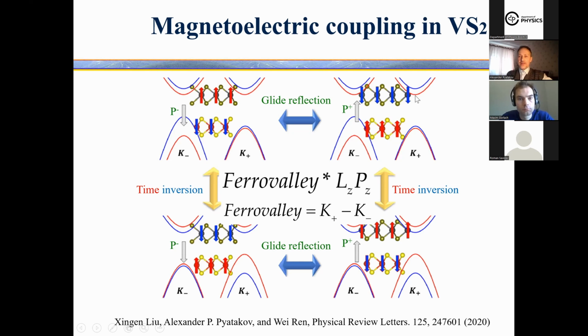In our usual speech we call it the top of the valence band and the bottom of the conduction band. And in fact, on the two sides of the Brillouin zone, they can differ. They are not just the same for graphene-like material.